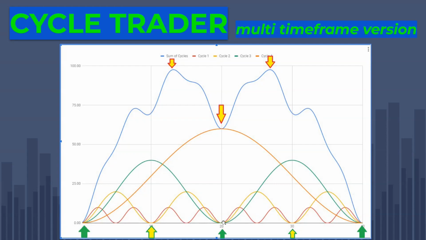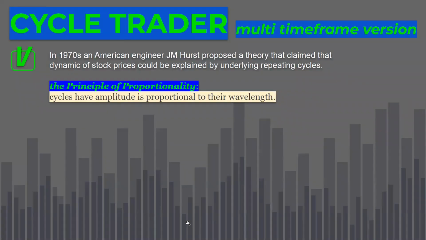So there will be cycles of a different period: long cycles, like that orange one, a shorter one like the green one, and very short ones like the red ones. He proposed several fundamental principles of cycle analysis.